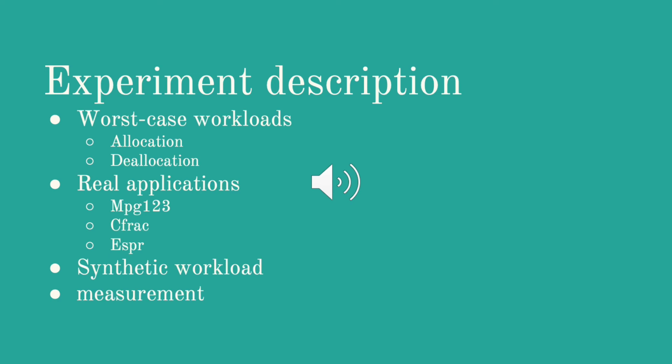The author chose three workloads, which are MPG123, CFR, AC, and ESPR. But one is a soft real-time application. The other two are not real-time applications. However, the author gave a reasonable explanation that there is little dynamic memory management in real-time systems.